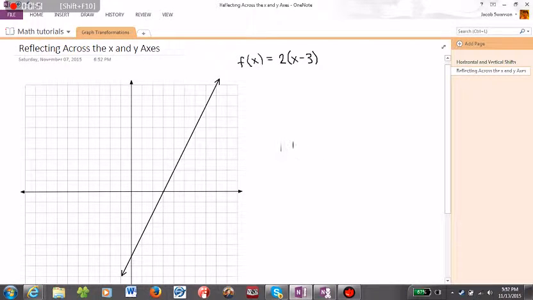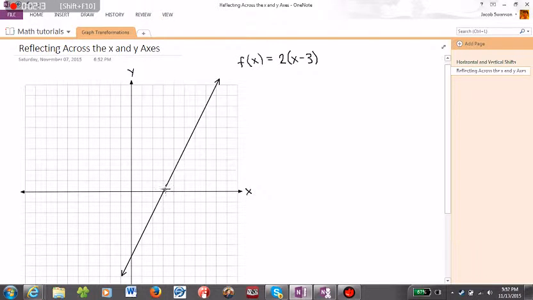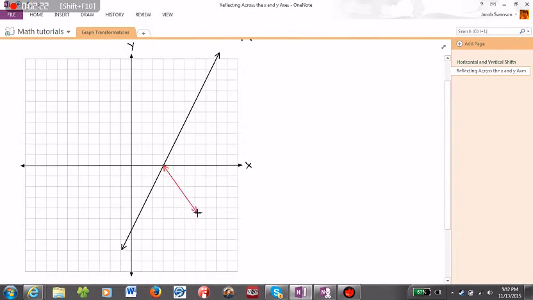Now let's say we want to reflect this line across the x-axis, so we want to mirror this image across the x-axis. Let's make it red. Now the line will still hit the same place on the x-axis, but it's going to be going in this direction instead.